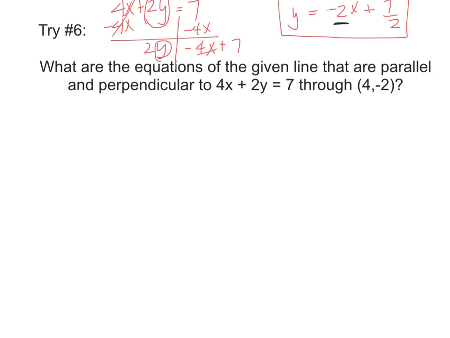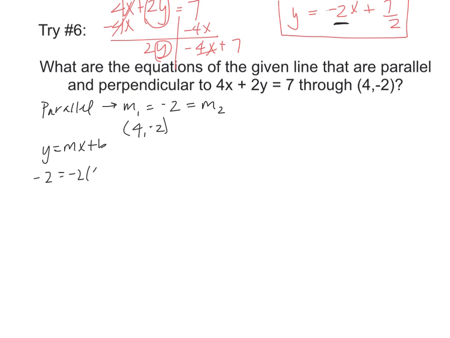So let's talk about parallel lines. If it's parallel, that means our original slope is given to us as negative 2, which is also the slope of our new line. So we will use that slope and the ordered pair for negative 2 to create our new line. If we use y equals mx plus b, y is negative 2, m is also negative 2, x is 4, and we're adding b.